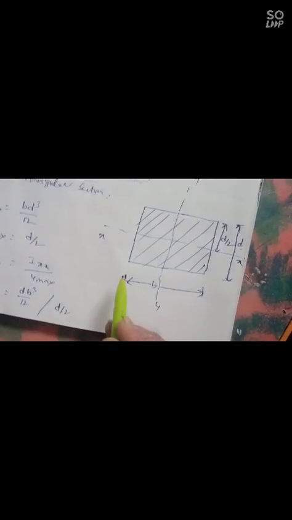Similarly about the y-axis, Zyy equal to db square by 6. So this is for the rectangular section.